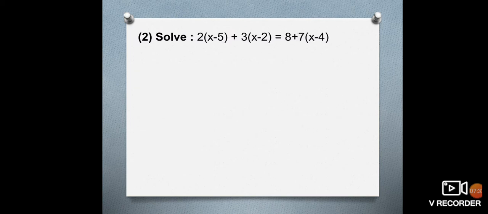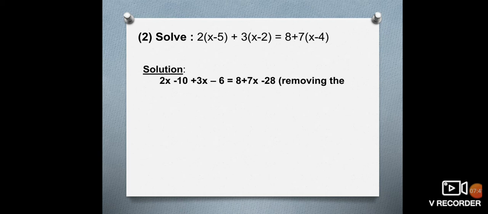Let's take the second example. We can see these terms are in brackets. So the first thing is to remove the brackets. So just multiply x minus 5 by 2: 2x minus 10. Then 3 into x is 3x and 3 into minus 2 is minus 6.